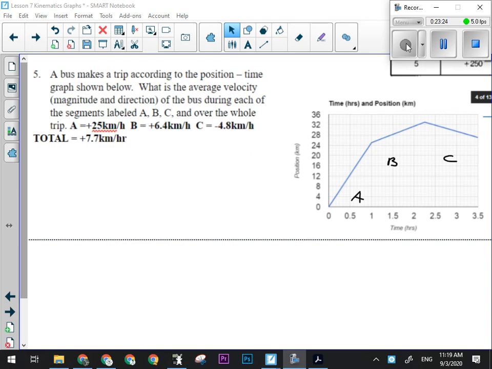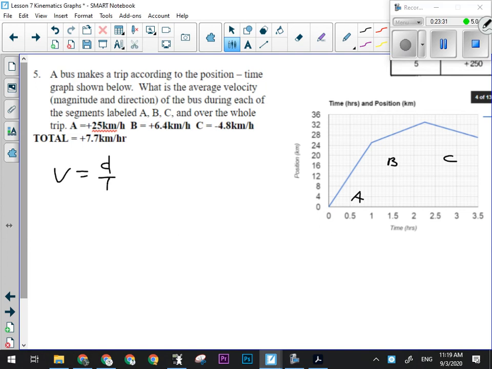All right, so if we want to find out the average velocities during each part and then over the whole trip, we're using v equals d over t. Or more specifically, final position minus initial position over time for each section and over the whole trip.